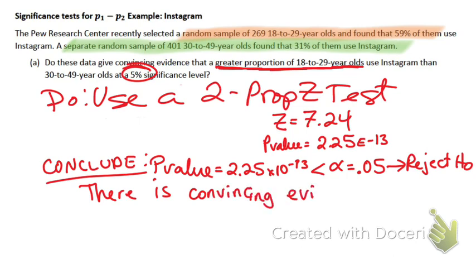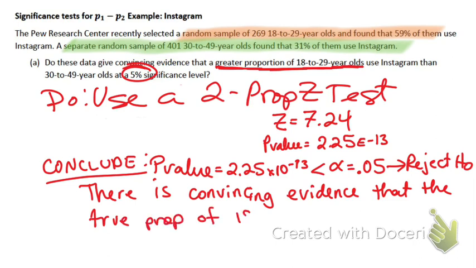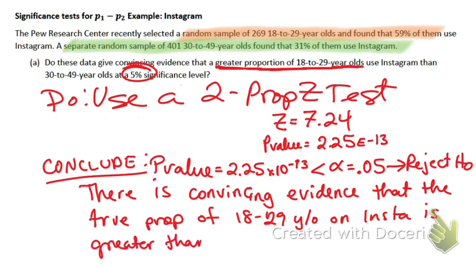There is convincing evidence that the true proportion of 18 to 29-year-olds on Insta is greater than the true proportion of 30 to 49-year-olds on Insta.